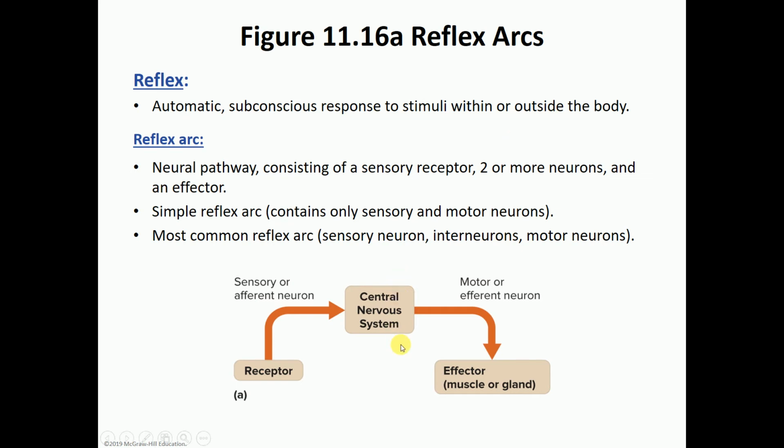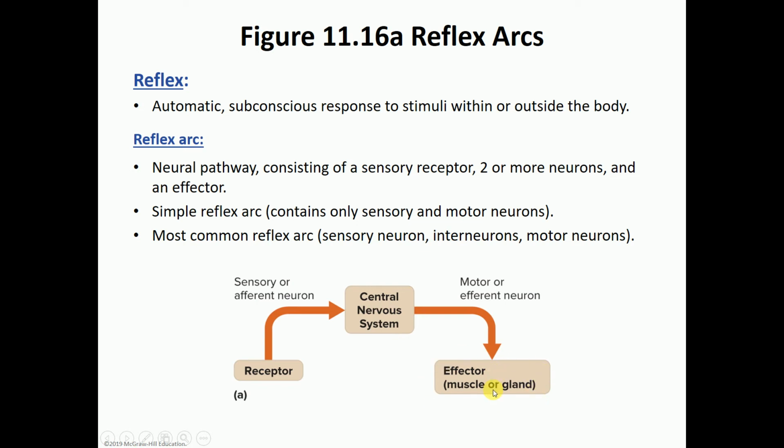And a reflex arc is mainly made out of these parts. So you have a receptor that receives the stimulus, then you have a sensory or afferent neuron that will take that stimulus to the CNS, and then the CNS will send out a motor or an efferent neuron to the effector, which is a muscle or a gland.